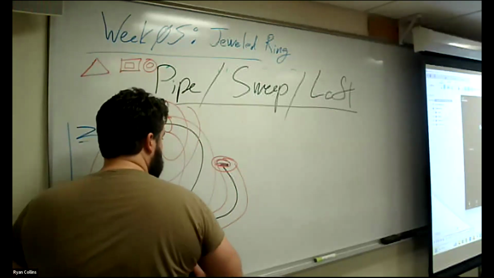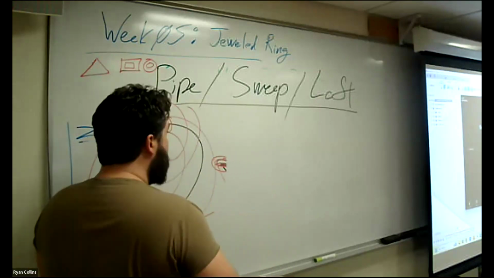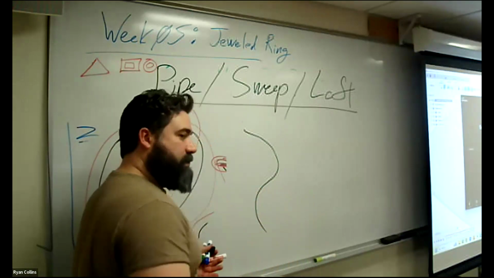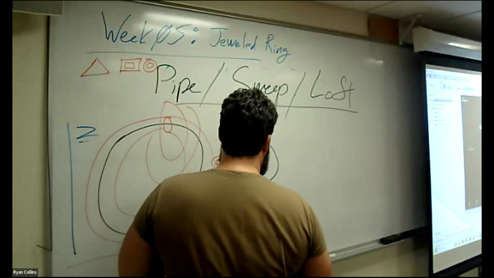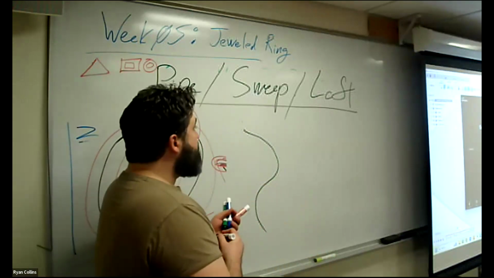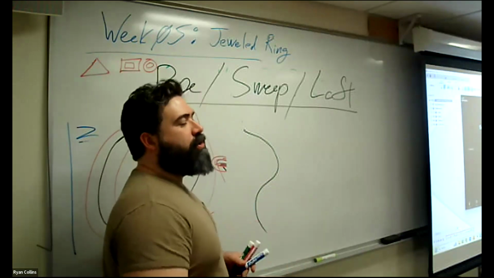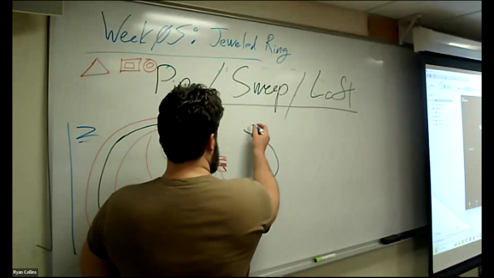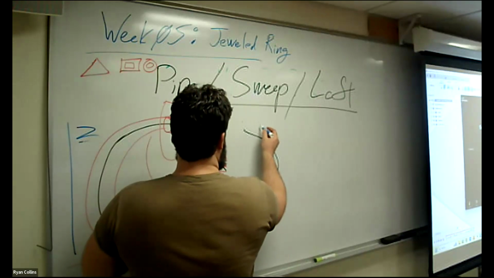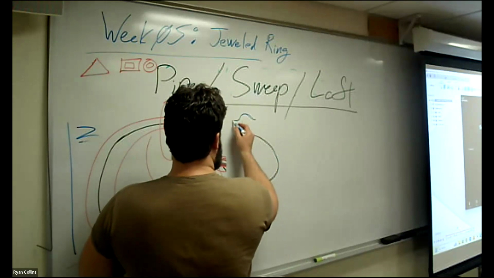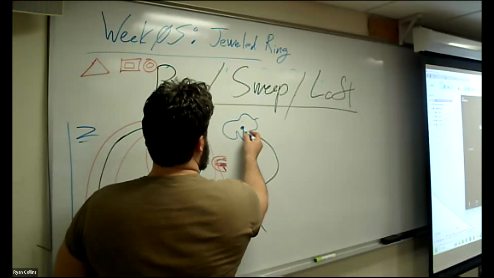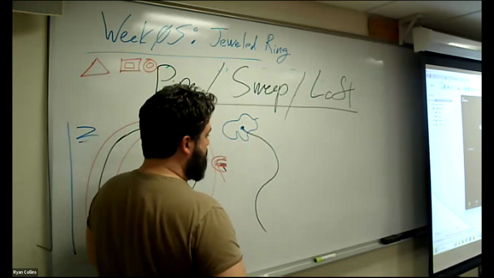Sweep, on the other hand, is the exact same thing. And we'll just in this case use the fit point spline example. With sweep, you draw your own profile. So in this case, let's say I draw an amorphous blob, and it meets at the end of that sketch line.